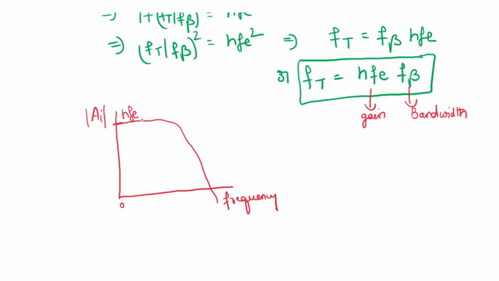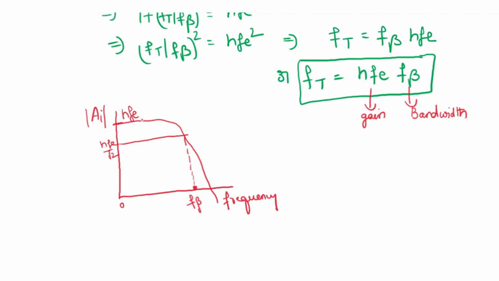Okay. And if it is HFE, there may be HFE by root 2. It may be the value HFE by root 2. It is the frequency. What is this frequency? The corresponding frequency for HFE by root 2 is F beta.